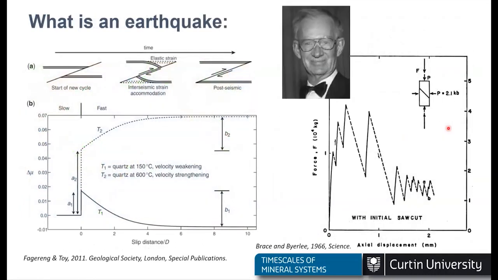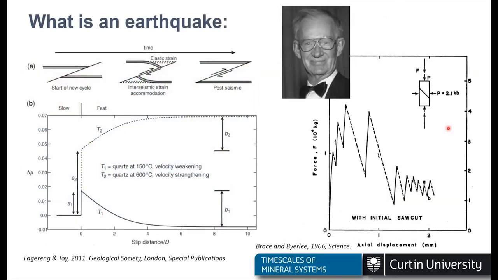So to start off briefly, what is an earthquake? Essentially, what we know comes from that chap up there, James Byerly, who did these experiments on rock deformation back in the 1960s, and postulated that earthquakes occur by stick-slip behavior. So essentially, it's a frictional process where you're putting stress on a fault. That fault has some frictional strength. Over time, the stress will build up.